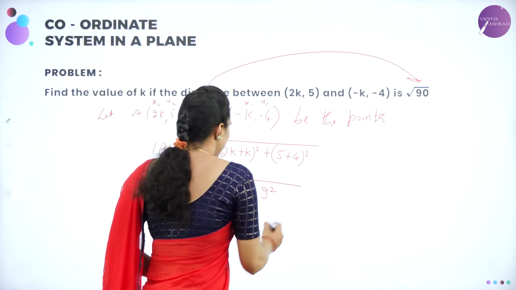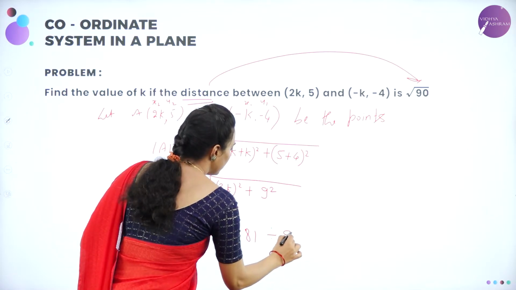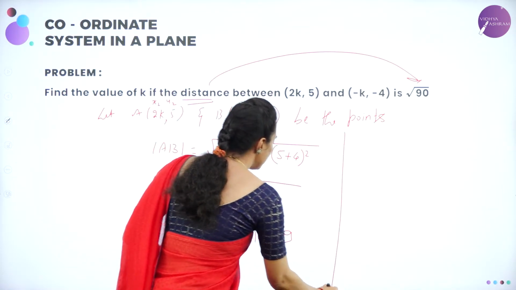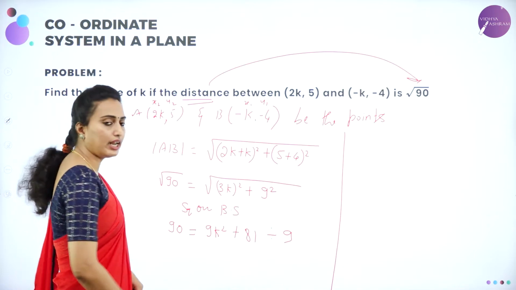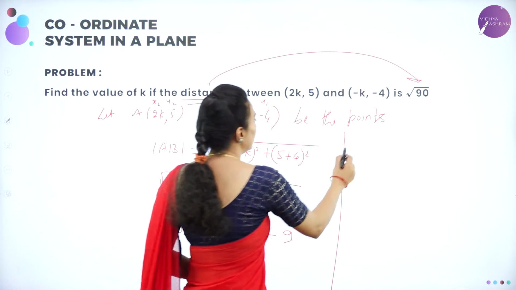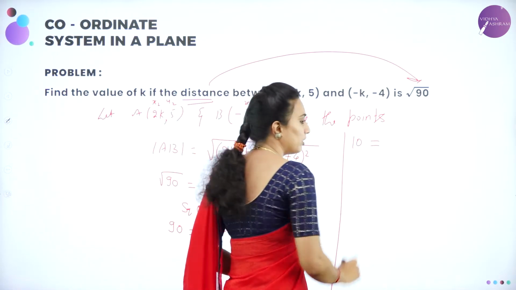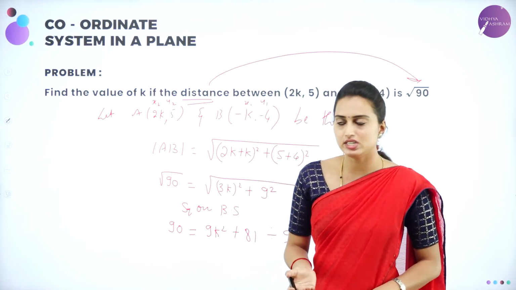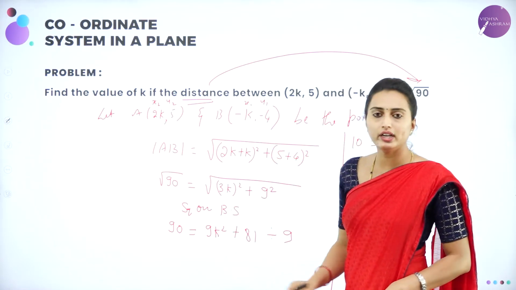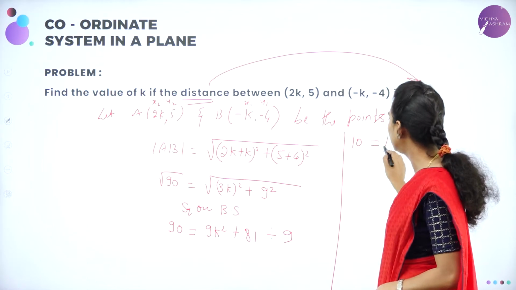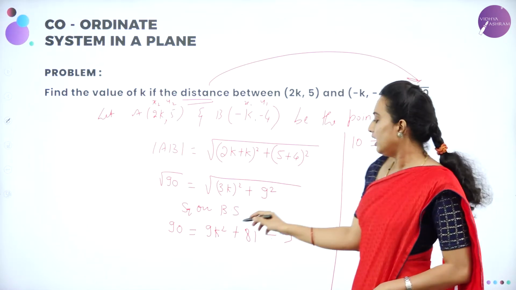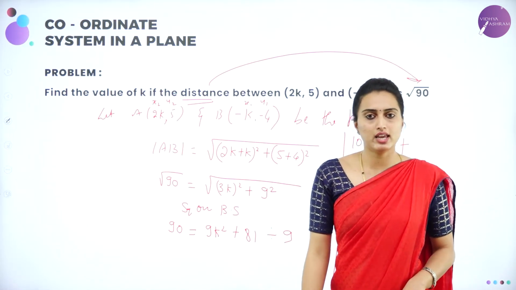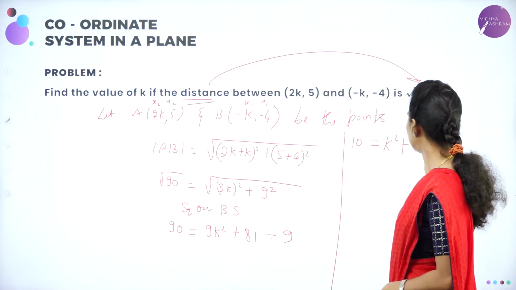Dividing throughout by 9, 90 by 9 will be equal to 10, because 9 10s are 90. And 9k squared divided by 9 is k squared, plus 81 divided by 9, 9 9s are 81.